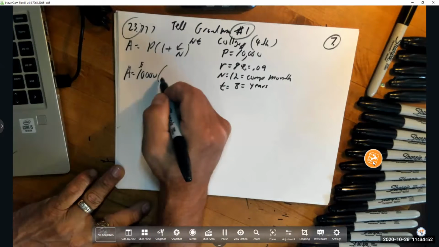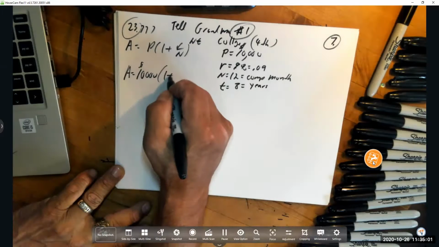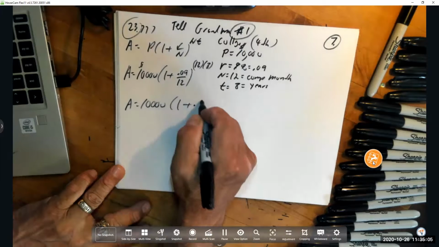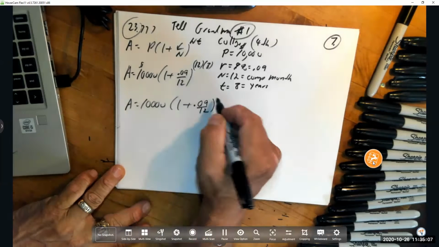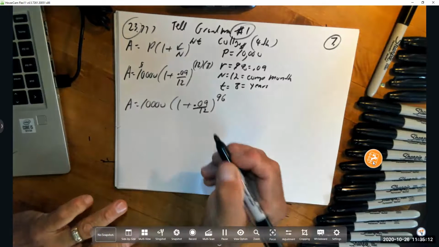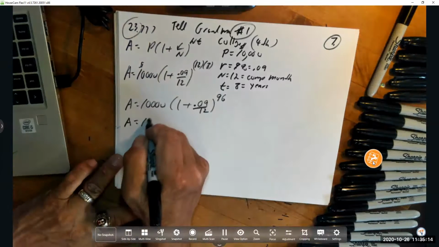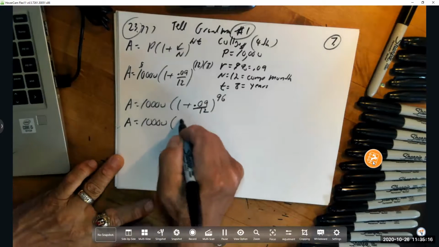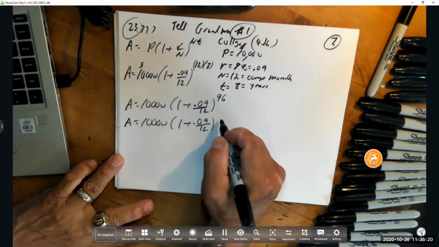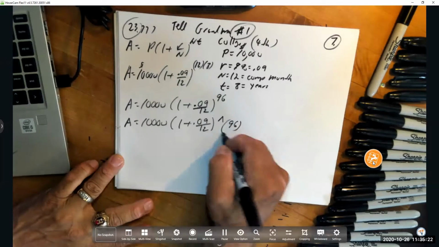1 is 0.09 divided by 12, because it's 1 plus 0.09 divided by 12 to the 96. So now you're going to do this on the calculator. So you're going to do it this way. 1 plus 0.09 divided by 12 to the power of 96, like this.